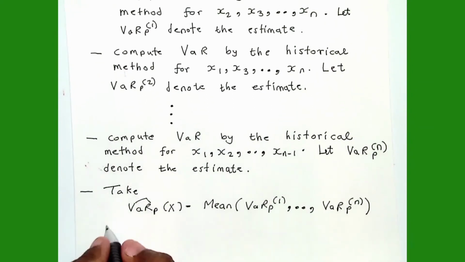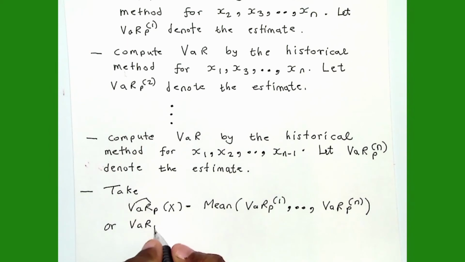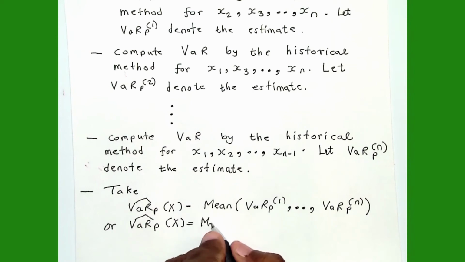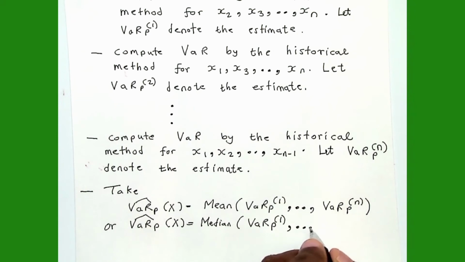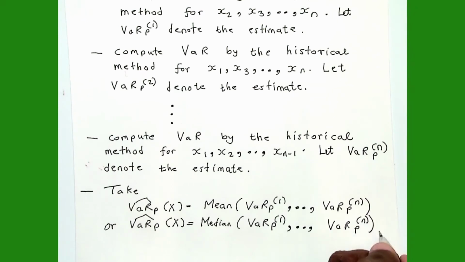Or you take them as the median of the n estimates. All right, so this completes the jackknife.